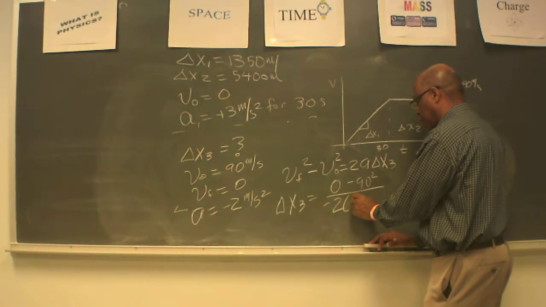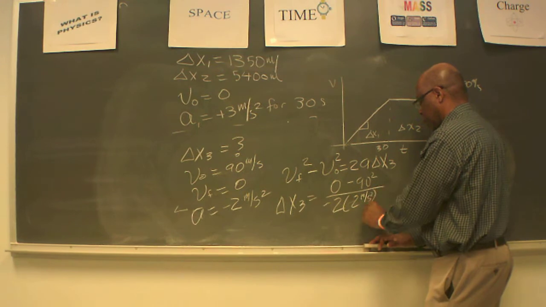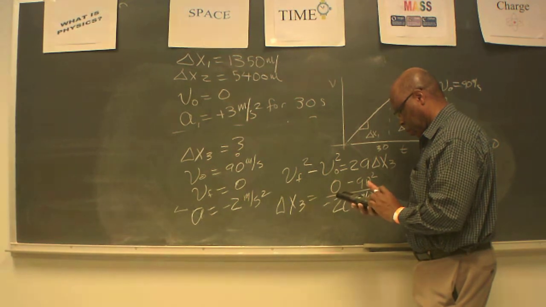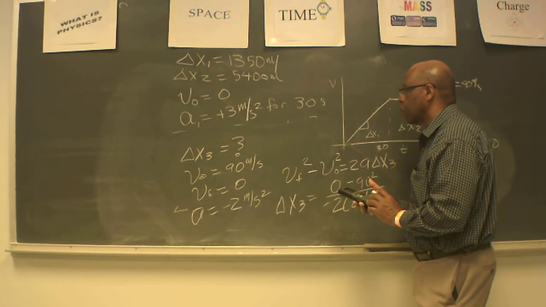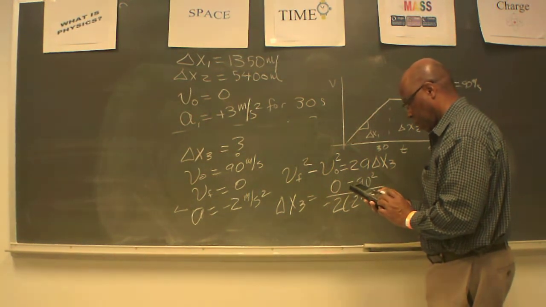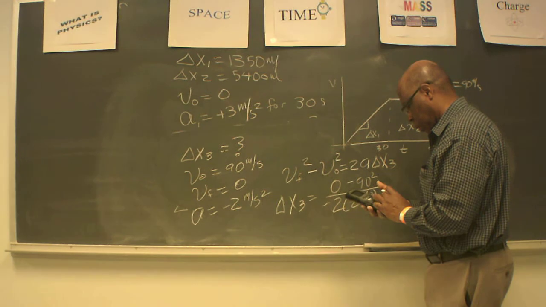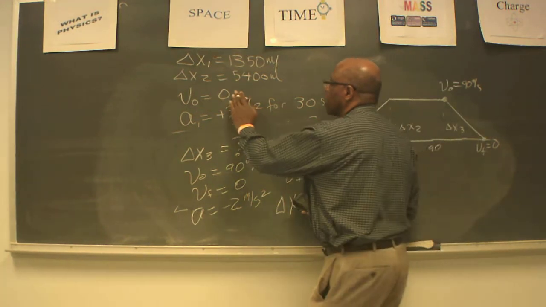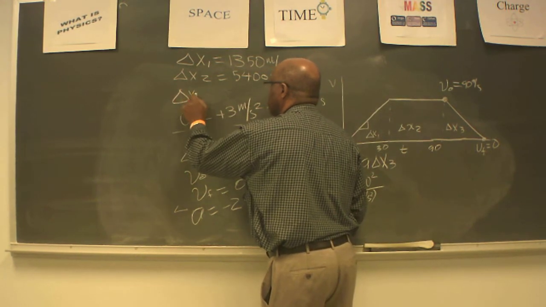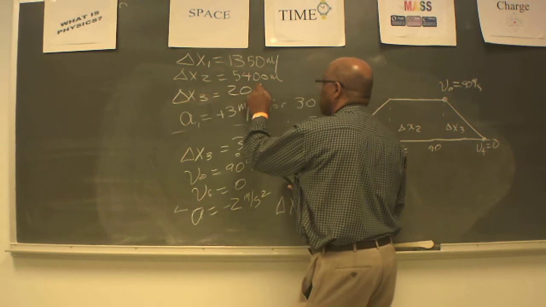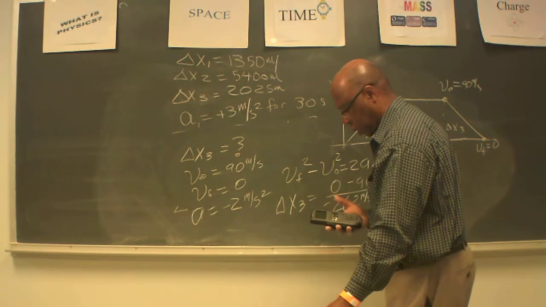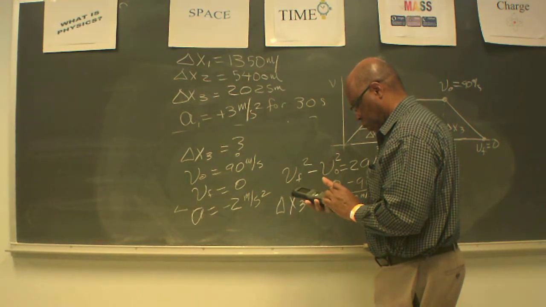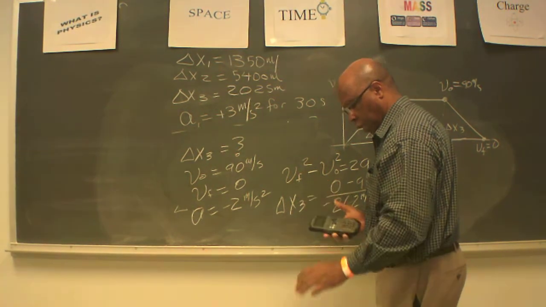Let's put the negative outside. So our delta x3 is 2,025 meters. So in total, the distance traveled is 8,775 meters.